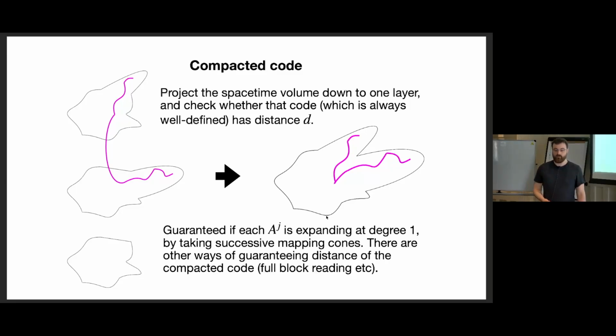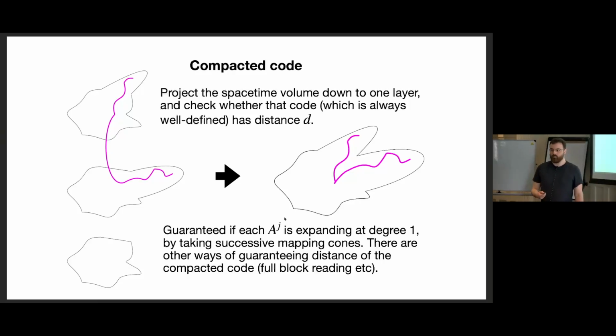And basically the way of avoiding this problem is having genuine expansion, because you can prove that each mapping cone that you're taking is going to always preserve the code distance kind of no matter what code it's attached to. And so when you do this kind of sum of them, you're going to get a compacted code which has high distance. This is probably not what people want to actually do, and so there are other ways of guaranteeing the distance of the compacted code.